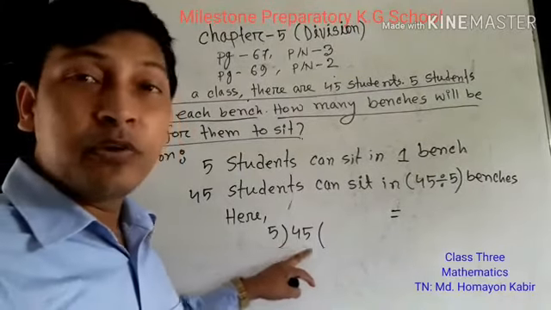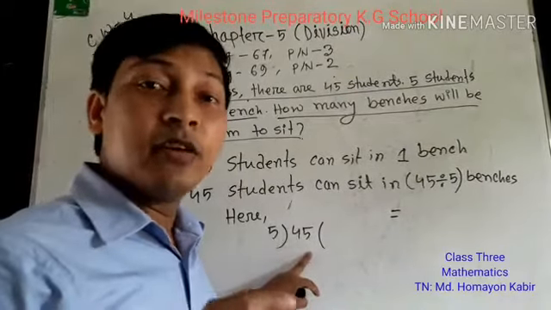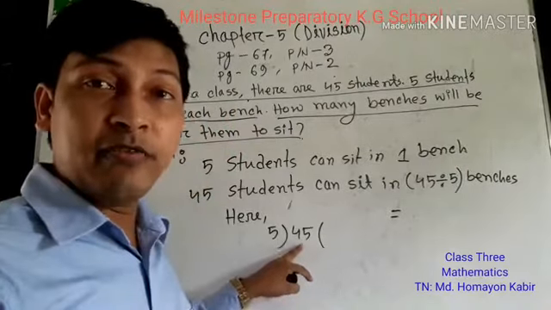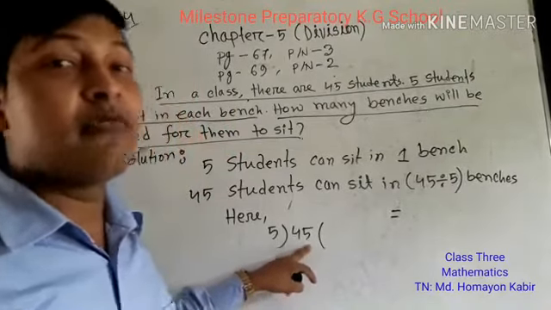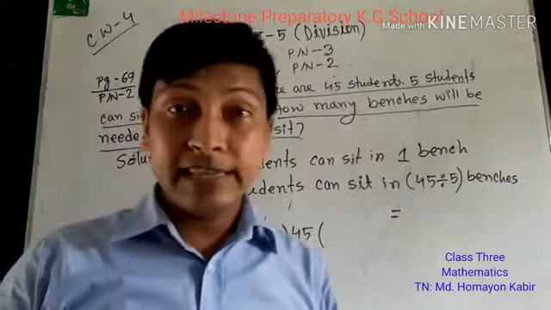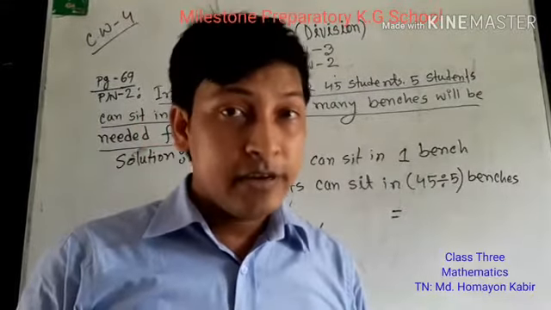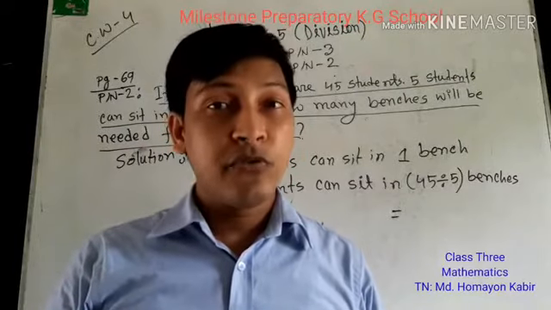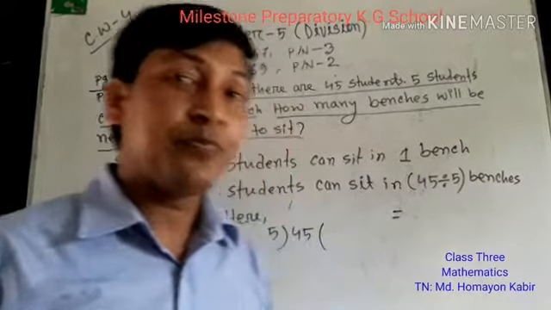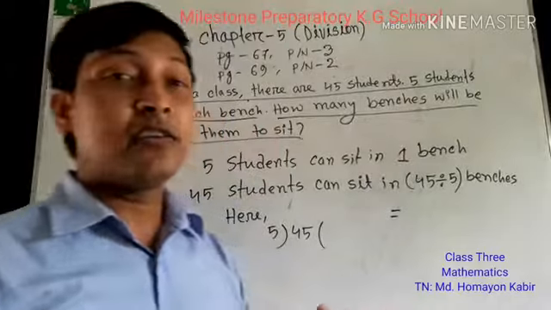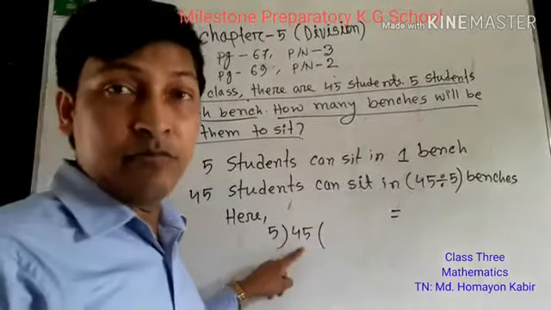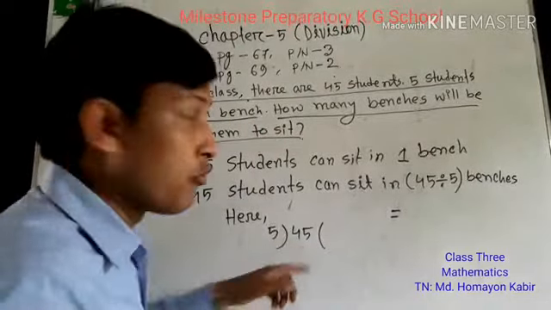So we cannot take one digit, we'll take two digits here, 45. Now we'll count the times table of 5. 5 1 is 5, 5 2 is 10, 5 8 is 40, 5 9 is 45, 5 10 is 50. We cannot take 50 because here is 45. So 5 9 is 45.